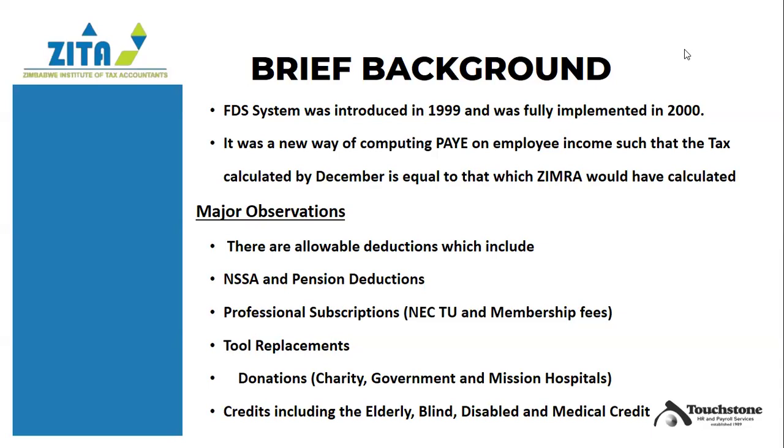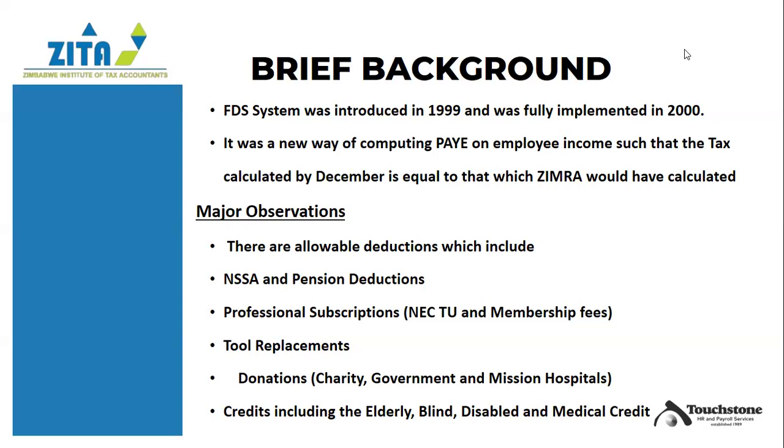Now, that kind of a pension, again, it is also an allowable deduction. So an employee, if they have their own personal pension scheme, they can bring the receipts to the payroll office, and they can also get the same treatment as one who is on an industrial pension scheme or on a company pension scheme. All right. You may have employees who are also subscribing to these. Please ensure that you conscientize them that they should bring their receipts to the office.